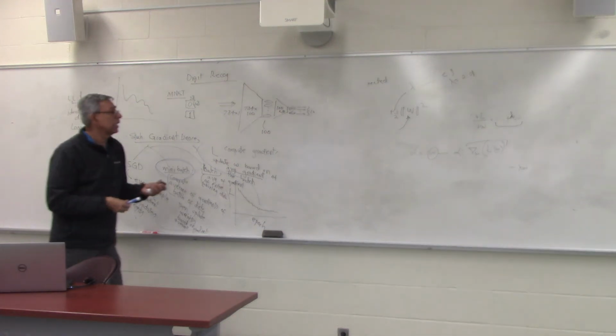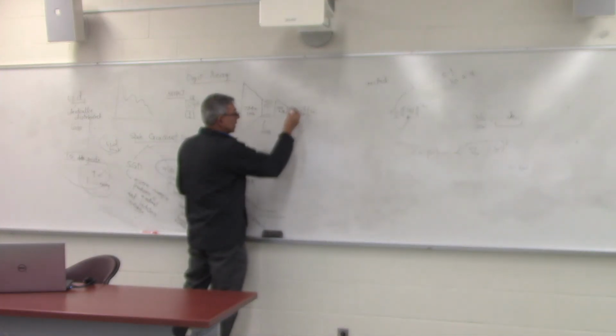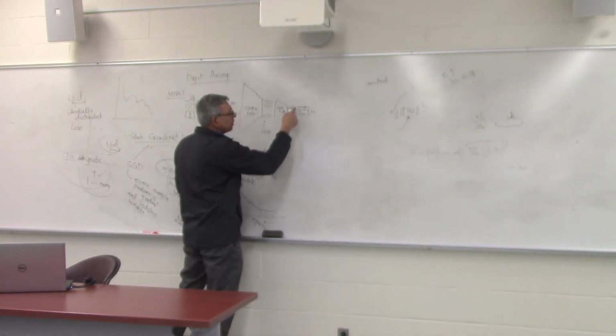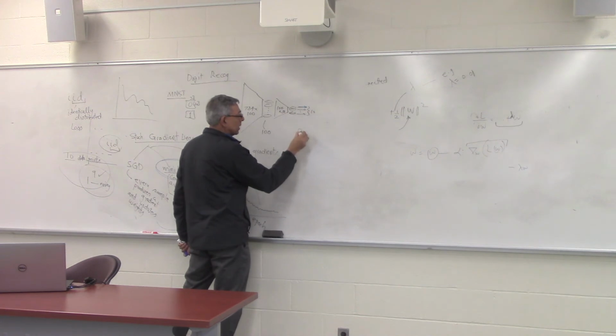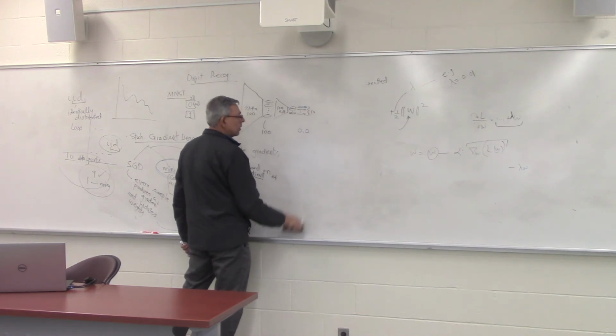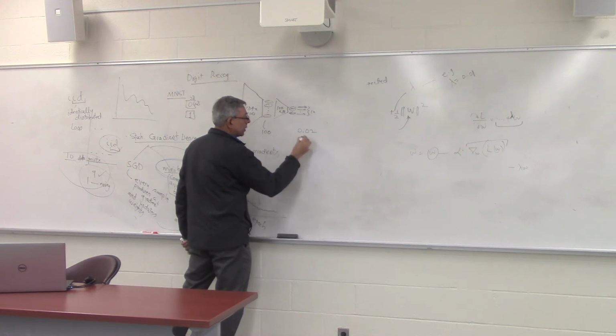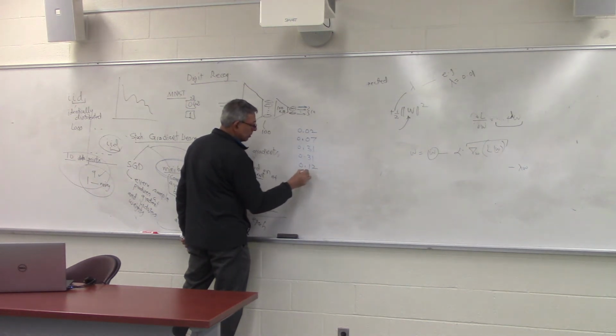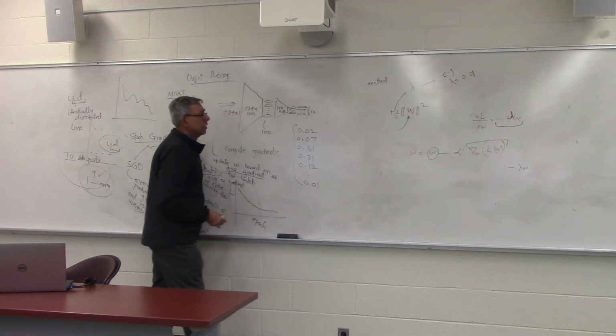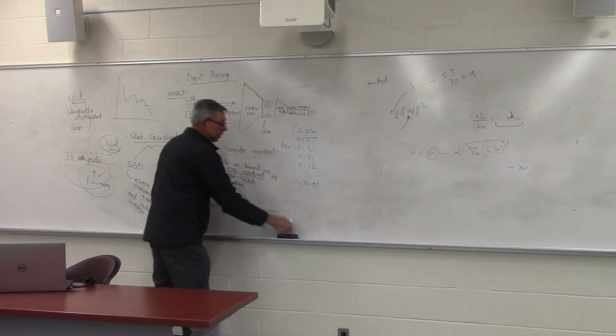As you are testing it, my question to you is, suppose the actual output it produces is something like this. On the first line, 0.0, 2.07, 0.31, 0.31, and all are pretty low values. So these are the 10 outputs it produced.